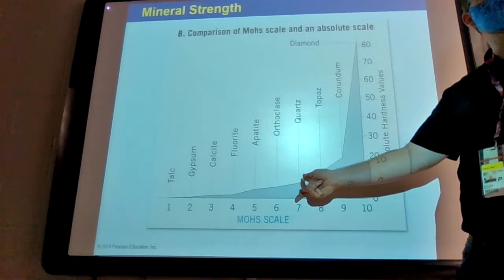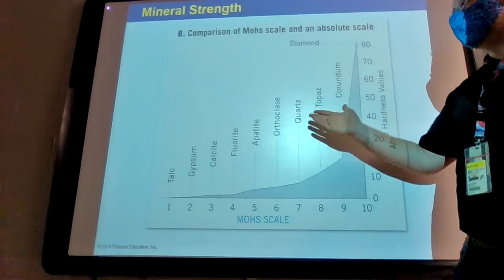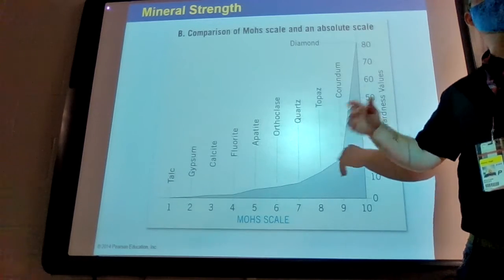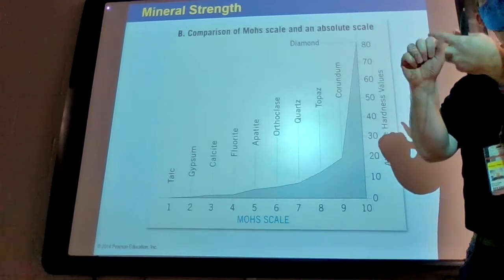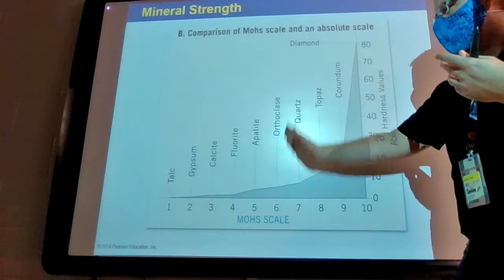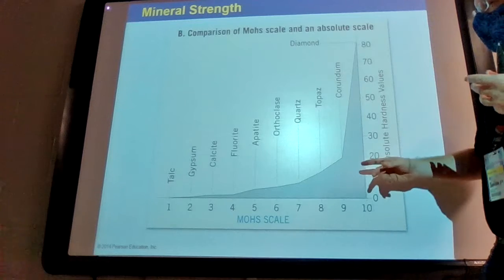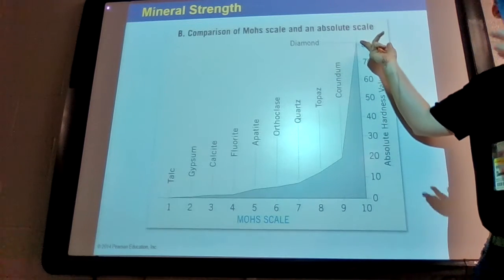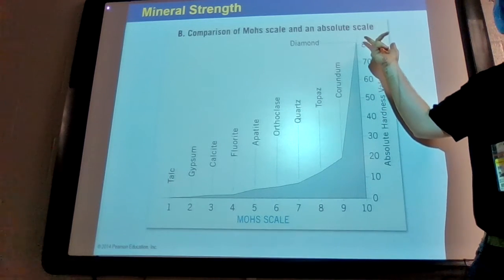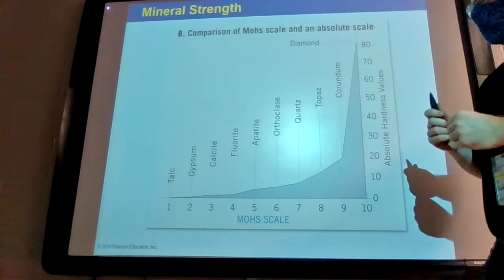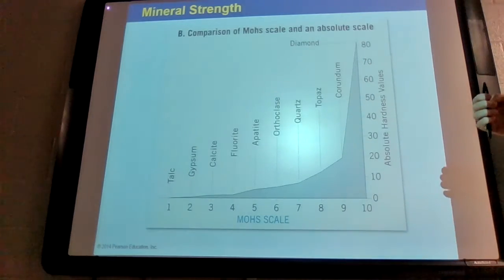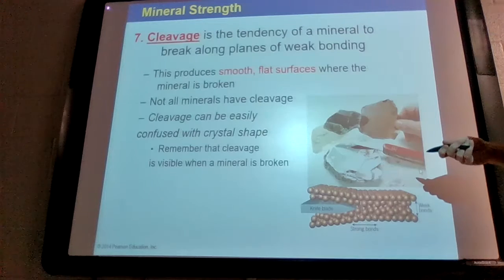Quartz is basically the main constituent of sand. So sandpaper, other abrasion materials, you're really starting out around here. Then you get into your gemstones, topaz, corundum, and diamond is just way harder than everything else. It's the way the molecules connect together that lends diamonds its hardness quality.